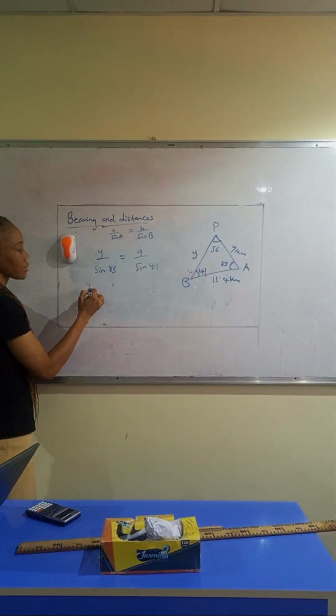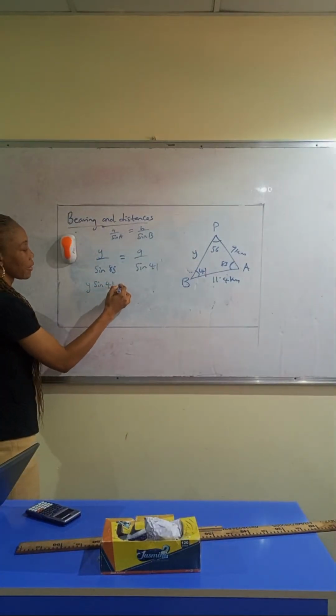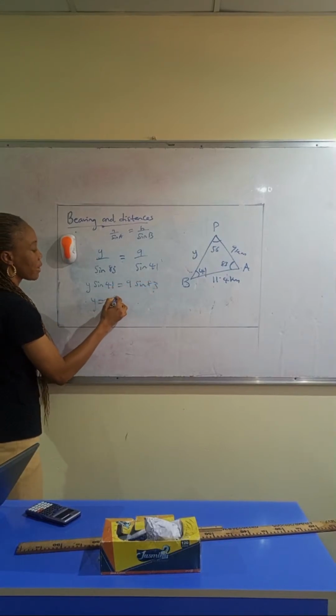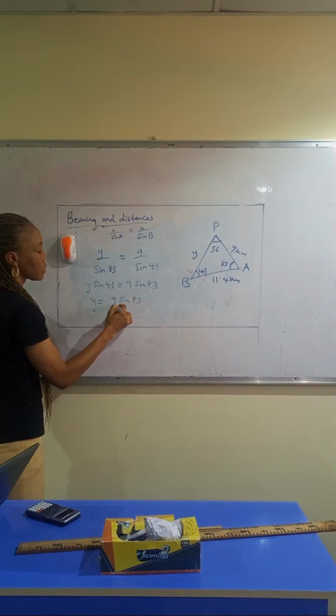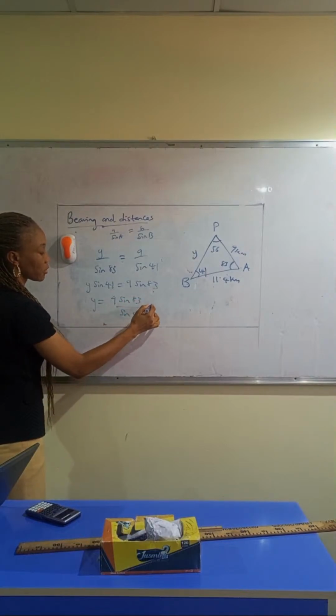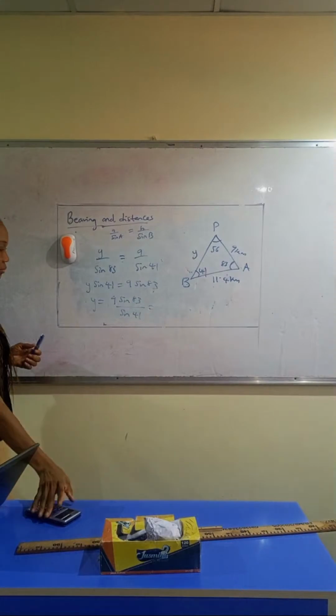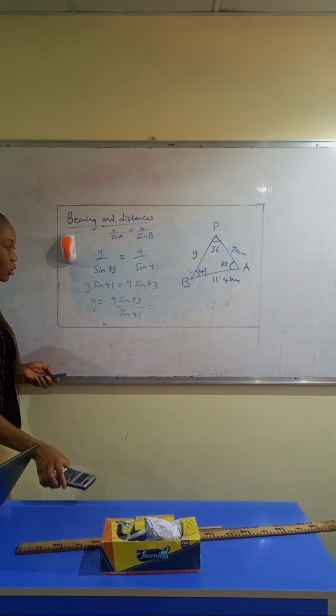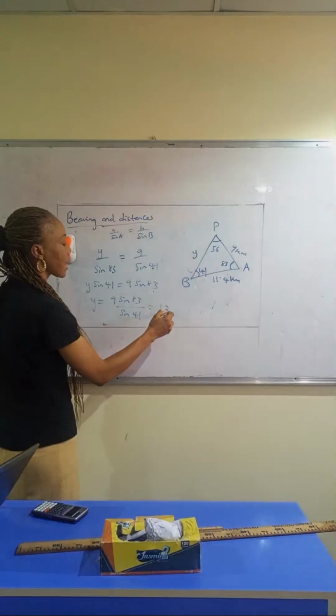Now let's make y the subject of the formula. y will be 9 sine 83 over sine 41. So the final answer will be 13.6.